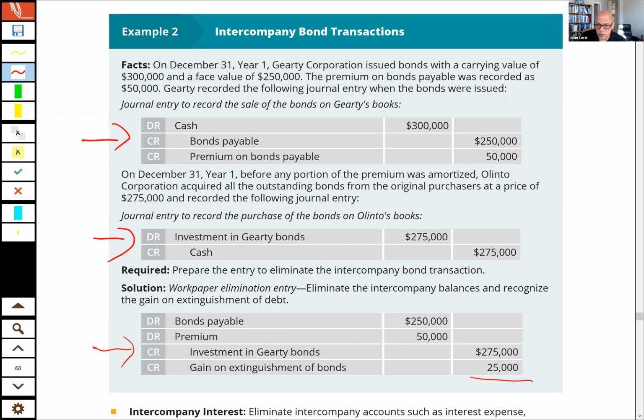And so under this situation now, you got this, 300,000. You only have to pay back 275. So under this situation now, you have gained $25,000 when you look at it as just one big company. It's as though you were able to retire those bonds for 275, when in fact you got $300,000 cash. If you can do that, that's a gain. Okay.